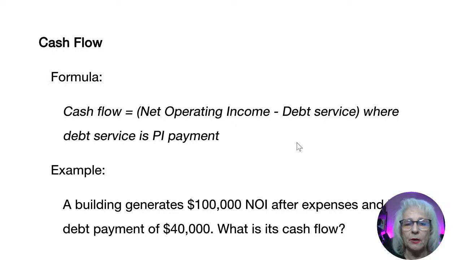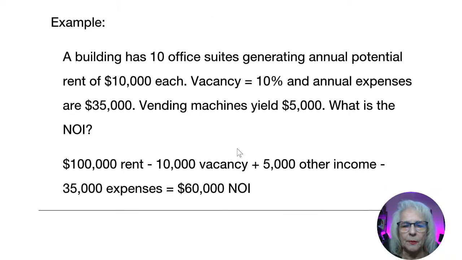Because this is for cash flow, every month they have to pay principal and interest, and they're getting money coming in every month. Taxes and insurance were already included in operating expenses.